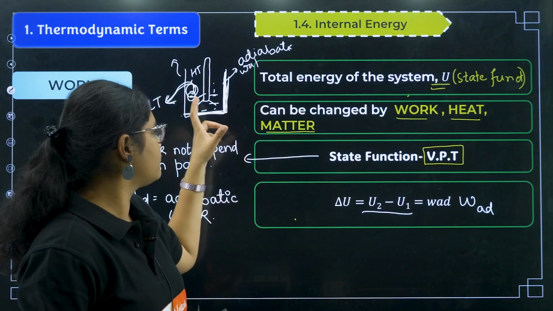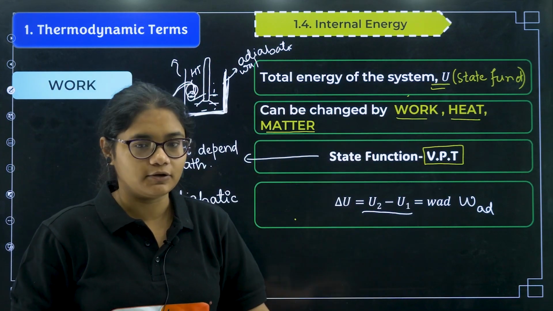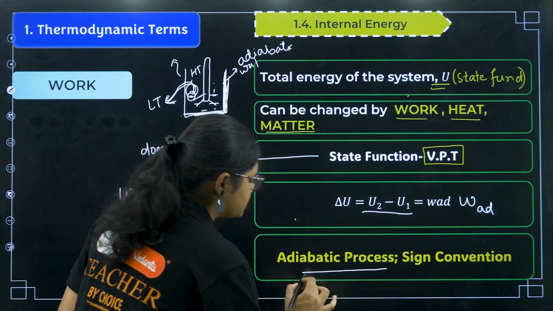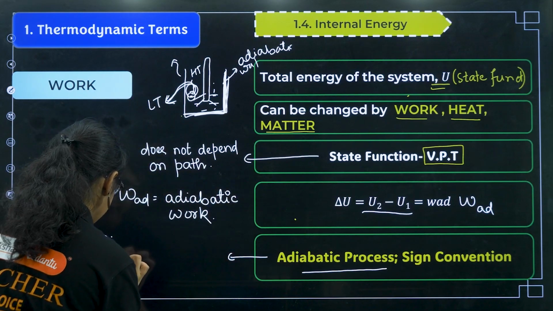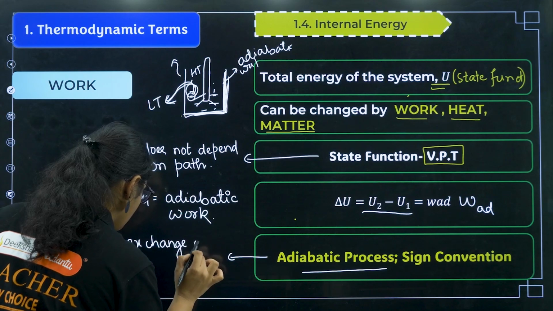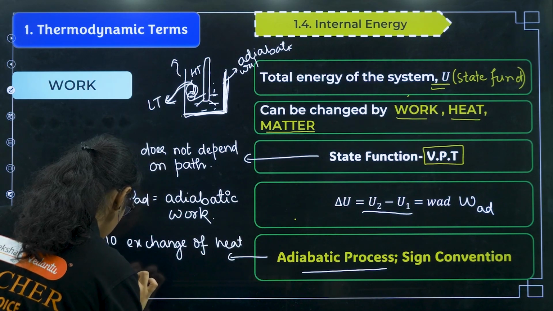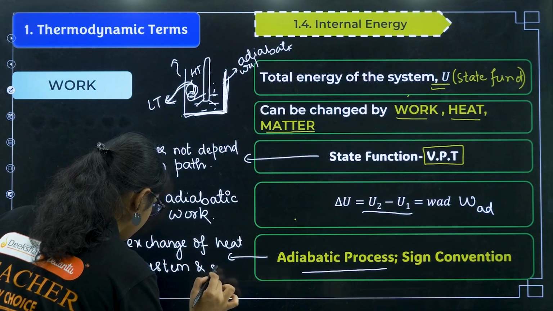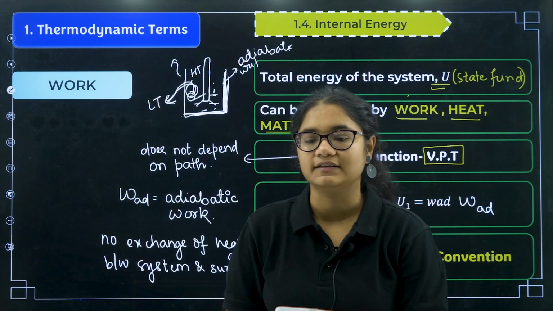So for this type of work, it is called work adiabatic or adiabatic work. So what is an adiabatic process? Adiabatic processes are those where there is no exchange of heat between system and surrounding.